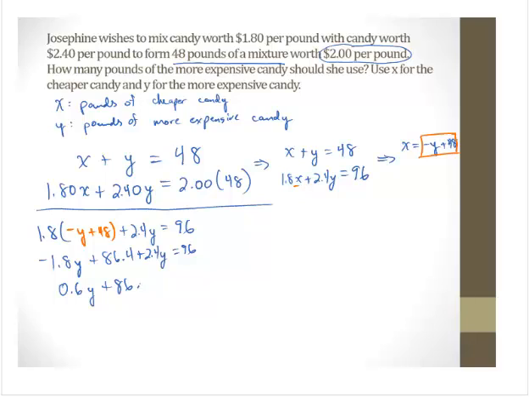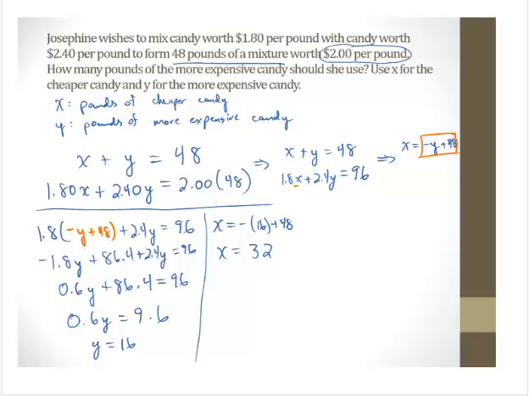Plus 86.4 is 96. Subtracting the 86.4 from both sides gives me 9.6, so 0.6Y is 9.6, and dividing the 9.6 by 0.6 gives 16. So Y equals 16, and X would equal negative 16 plus 48, so X would equal 32. So it looks like we've got 32 pounds of the cheaper candy and 16 pounds of the more expensive candy.